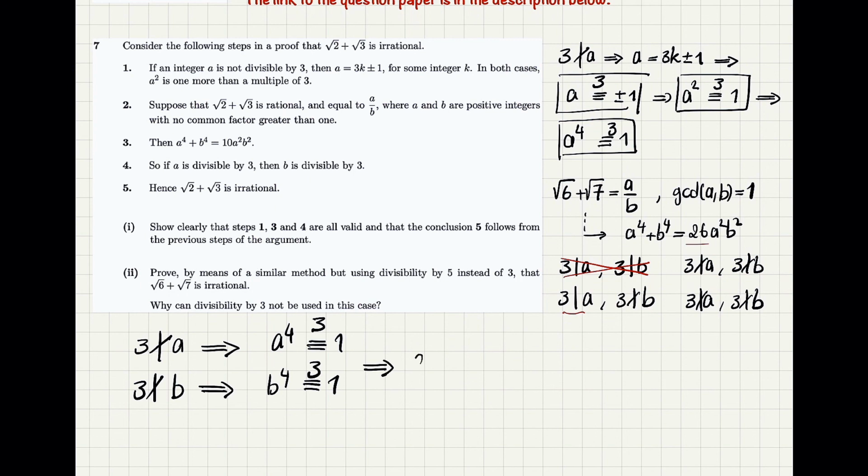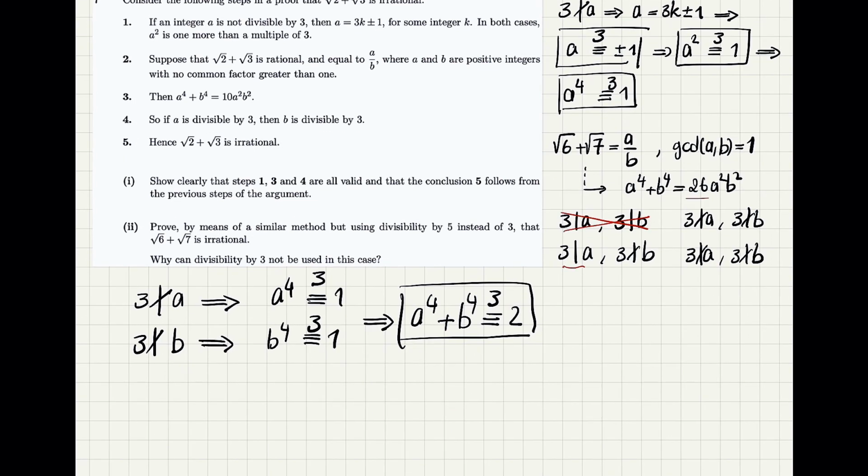But then if I add them side by side, a to the 4 plus b to the 4 is congruent to 2 modulo 3 on the one hand. But now, let me calculate the second one. So 26 itself is congruent to 2 modulo 3, yes? Why? Because 26 minus 2 is 24, and 24 is divisible by 3.